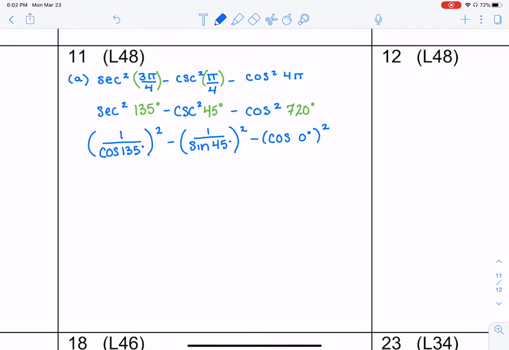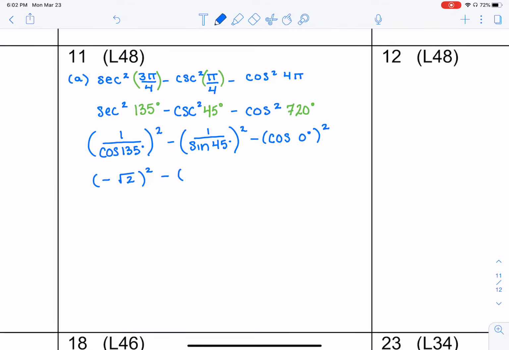Okay, so again, we look at our trig circle to figure out what some of these values are. The cosine of 135 degrees is going to be a negative root 2 over 2, but it's the reciprocal of that. So it actually ends up being negative root 2 squared.